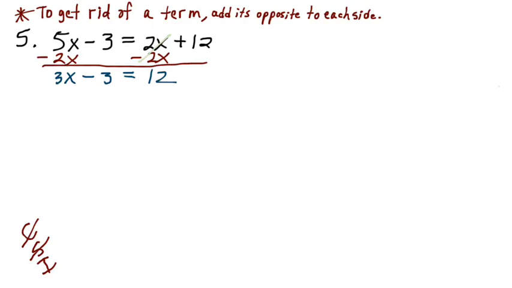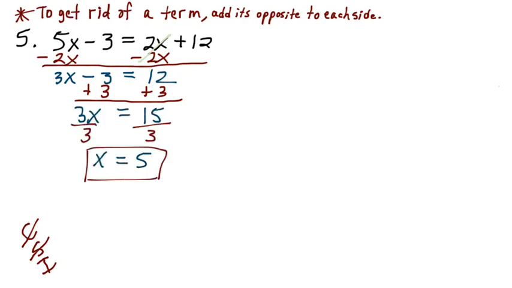So in one step again, just by trying to get x on one side only, we ended up with a two-step equation. So we're going to want to add 3 to both sides. We get 3x equals 15, and we can divide by 3, or you could just do that in your head and you get 5. All right, here's another one you might want to give it a try. Be careful with this one.